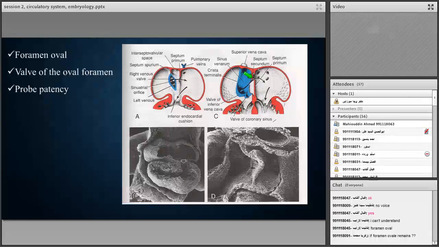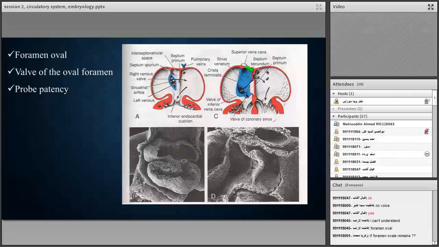I said that the septum secundum can never completely close or separate the atrial cavity. There would remain a foramen in its downward portion. Okay, this foramen is called foramen ovale.